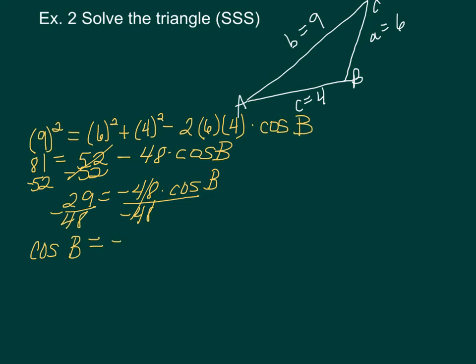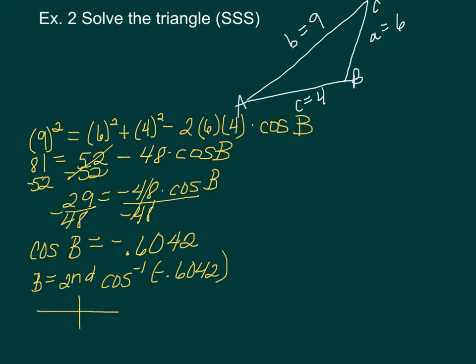And remember, I say you got to try to go 4 decimals. Alright, got to be careful now because when we do angle B, we got to do second cosine inverse. And because the cosine is negative, we're going to actually be in quadrant 2.